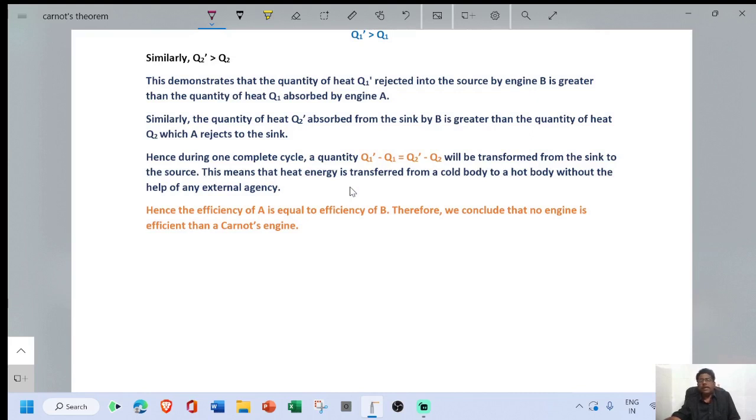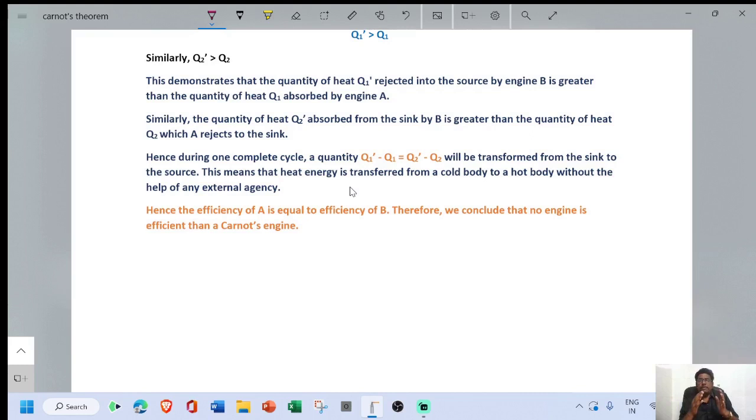This means that heat energy is transferred from a cold body to a hot body without the help of any external agency. Hence, the efficiency of A is equal to the efficiency of B, because according to the second law of thermodynamics, it is impossible to transfer heat energy from a cold body to a hot body without the help of any external agency.